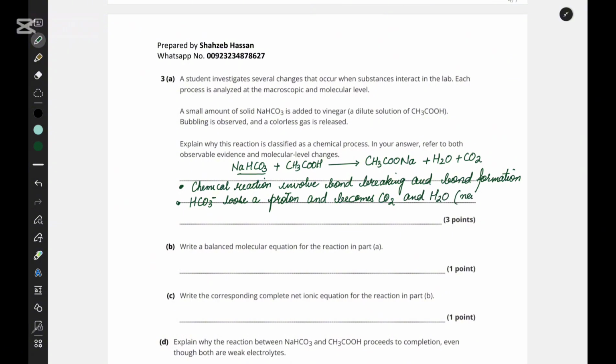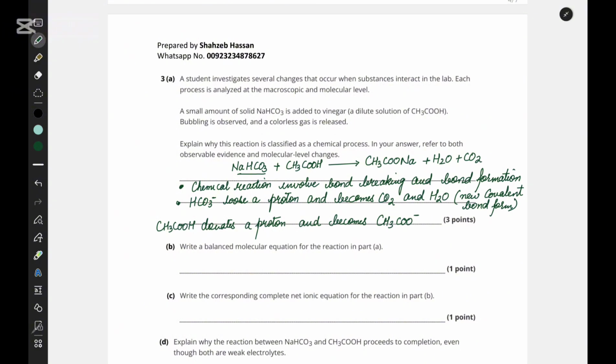So this is a new covalent bond formed. On the other hand, you can see that CH3COOH donates a proton and becomes CH3COO minus. That means acetic acid is changed to acetate.